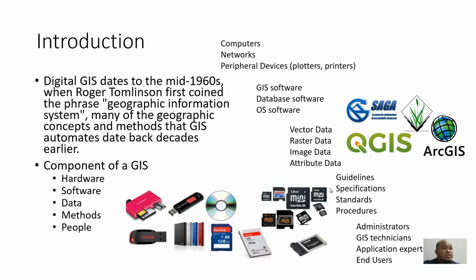So digital GIS dates to the mid 1960s when Roger Tomlinson first coined the phrase geographic information system. Many of the geographic concepts and methods that GIS automates date back decades earlier, right?